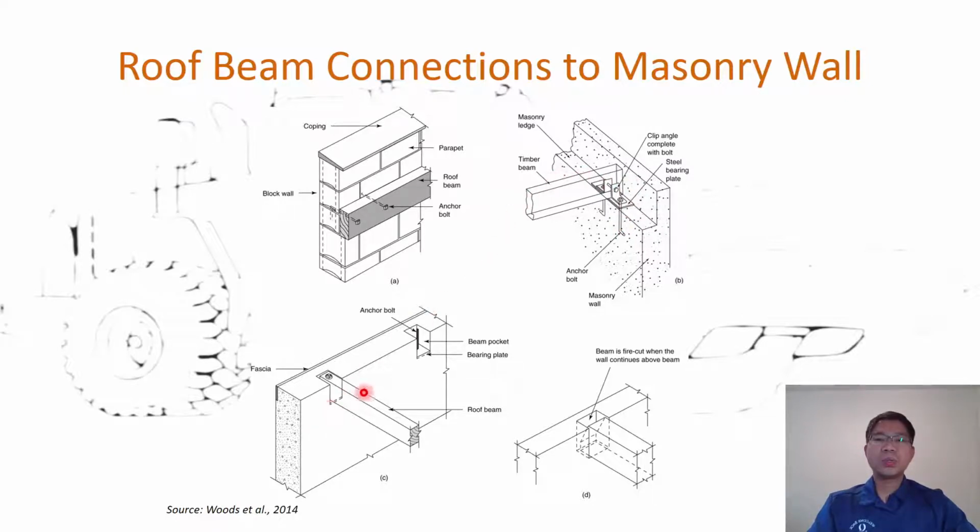And there is also another way, with the roof beam connecting to the masonry wall, as you can see in the picture below. So bottom line, there are multiple ways that we can use to connect the wood structure to the columns and to the wall.